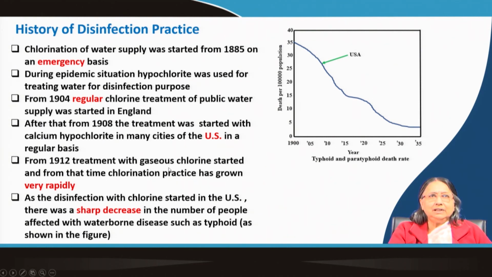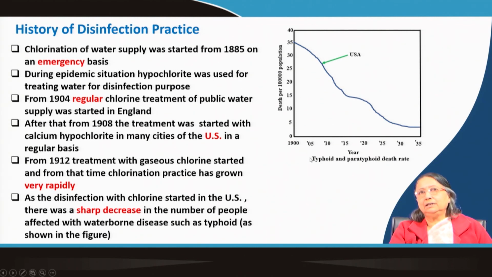From 1912 treatment with gaseous chlorine started, and then chlorination practice has grown very rapidly. As disinfection with chlorine started in the US, there was a sharp decrease in the number of people affected with waterborne diseases such as typhoid, as shown in the figure.